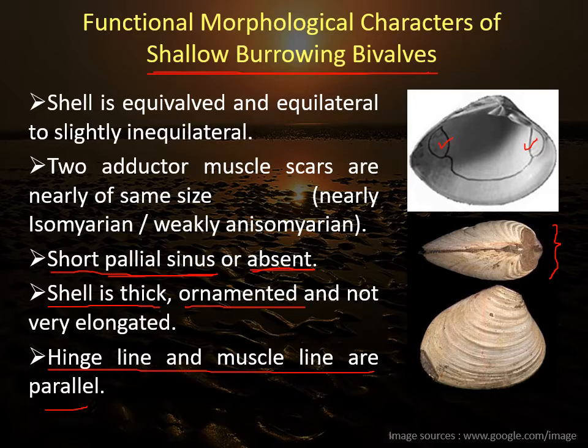So if a bivalve specimen fulfills these characters, that means we can identify these characters within a fossil bivalve specimen, we can identify that it lived in a shallow burrowing environment, or the mode of life of the bivalve is shallow burrowing.